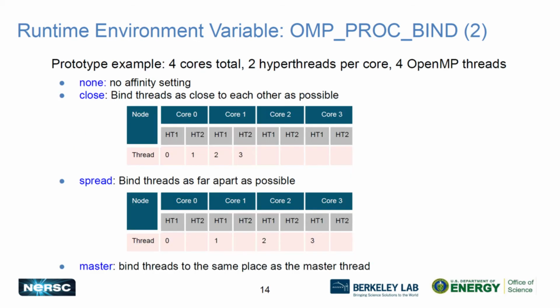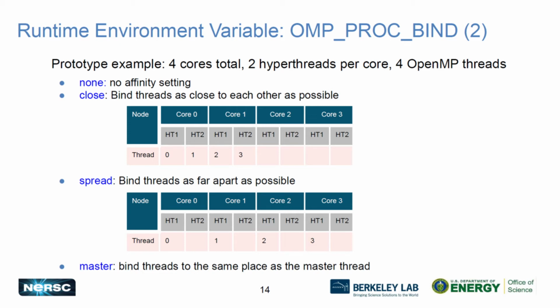Here is an illustration comparing close and spread, with 4 cores and 2 hyperthreads each. When you set OMP_PROC_BIND equals close, all 4 threads go onto the first 2 cores, one on each of the hyperthreads. When you spread them out, you use 4 cores with 1 hyperthread each. Consider the tradeoff between close and spread.